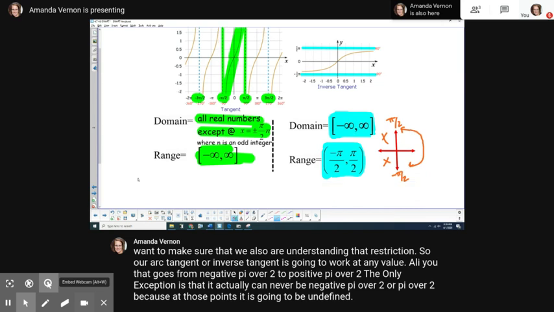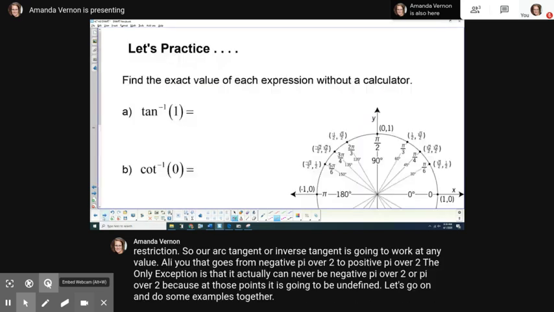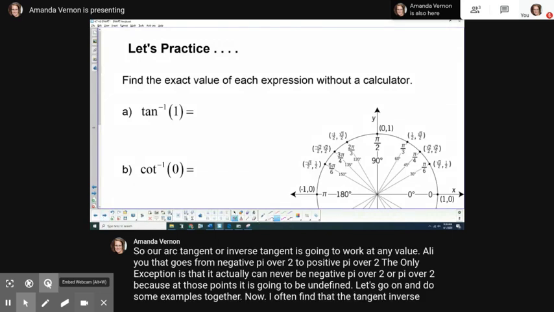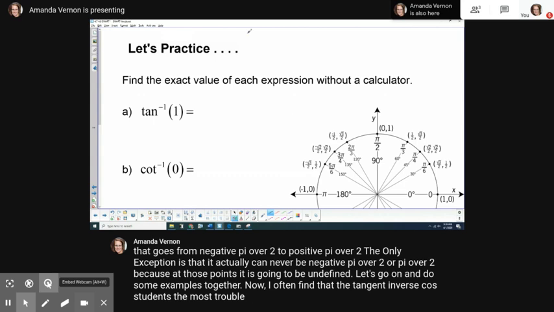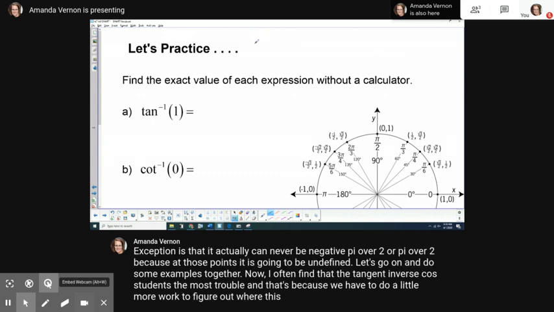Let's go on and do some examples together. Now, I often find that the tangent inverse causes students the most trouble, and that's because we have to do a little more work to figure out where this occurs. So let's just take a second and review that.